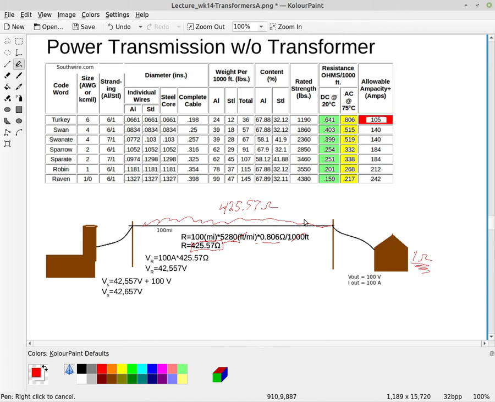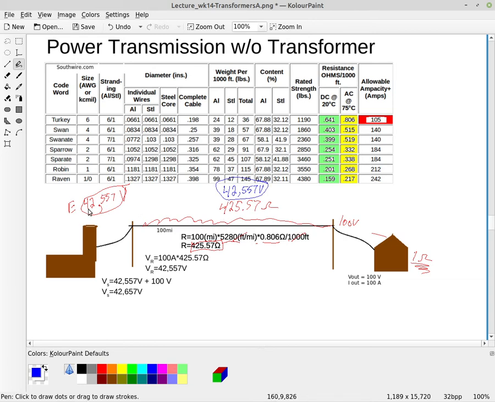So if I have 100 volts here at my house and I've got 100 amps going through there, that means the electric company over here has to generate 42,557 volts. Actually, that's the voltage being dropped across the wire. 42,557 volts are being dropped across the wire.